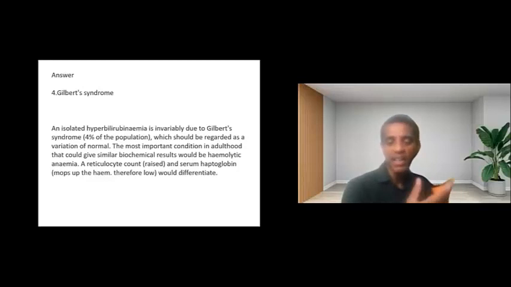If there's a high indirect hyperbilirubinemia, you can diagnose Gilbert. But if it's a direct hyperbilirubinemia, you have to find other causes like Dubin-Johnson and other obstructive causes. Okay. So can I move to the next question?